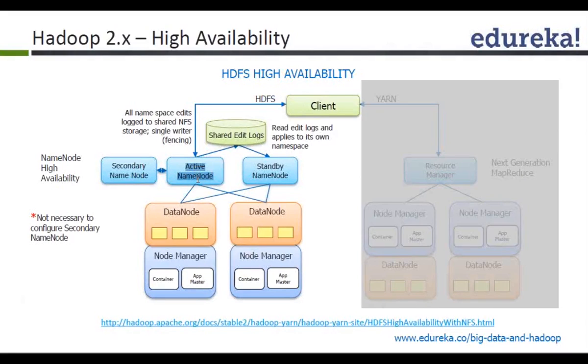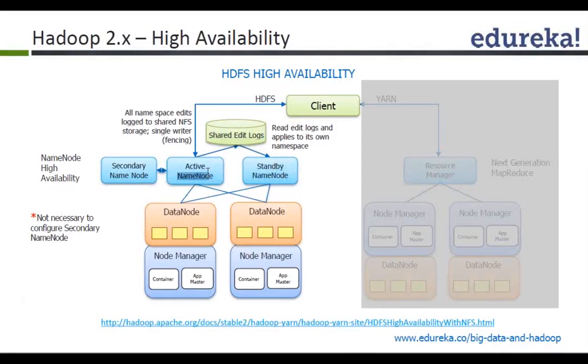At the same time, the edits file I told you about is kept in a NAS, that is, in a network storage. The standby name node will keep on polling the shared edit log to see if there are any changes, and if there are, it will make them in its own copy.